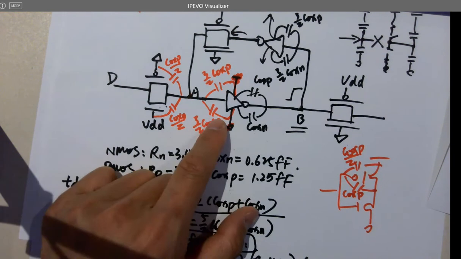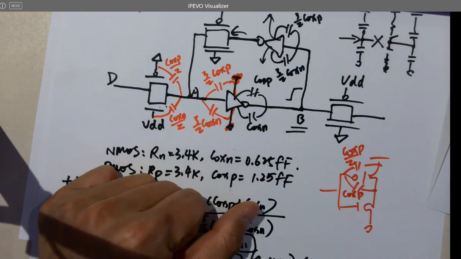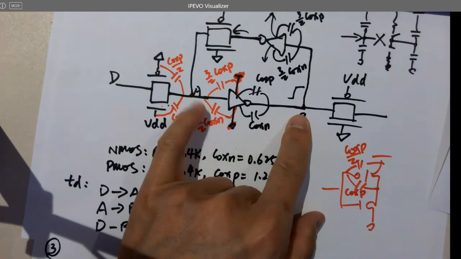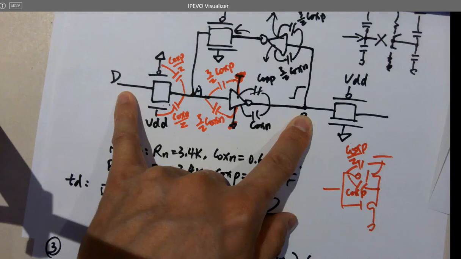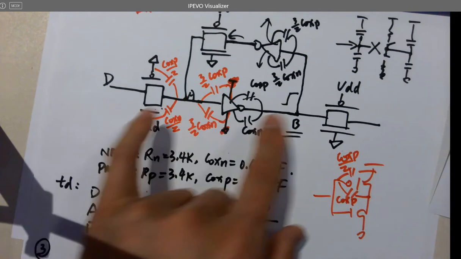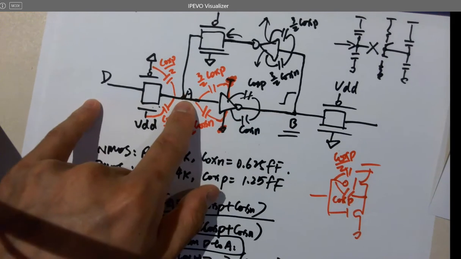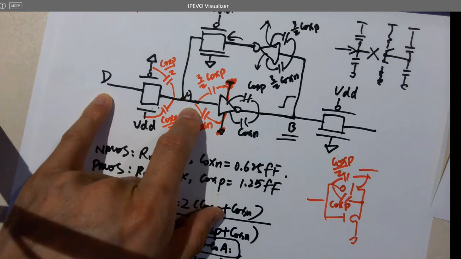I didn't get that. Say it again. Oh yeah, that's true. I think so. Because here and here is the same, right? You can consider this to here is the same point. It's not being inverted.